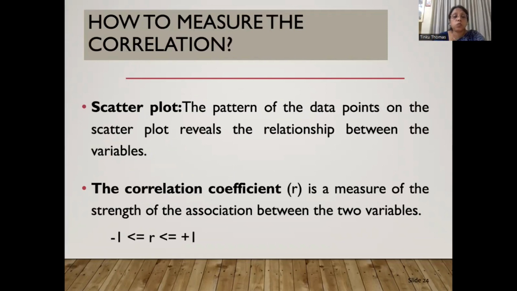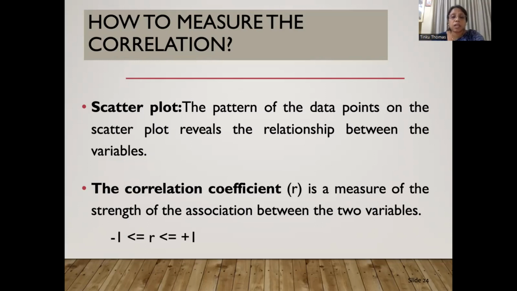So the primary way by which you should examine correlation is by using a scatter plot. A scatter plot is nothing but plotting the data with one variable on the x-axis and the other on the y-axis. You get a good understanding of the kind of relationship between the two variables, whether it is increasing or decreasing, and what is the pattern of that relationship.